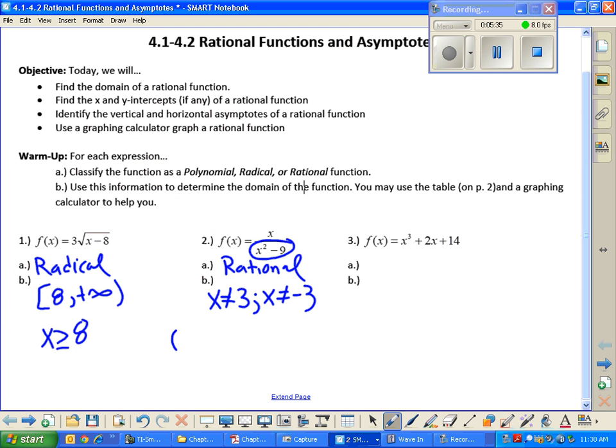So it starts at negative infinity and heads towards -3. And we get really close to -3, but we don't touch it because we're not allowed to. Then the graph picks up again in the middle. So what's the domain for the middle piece? You know, Chris. Yeah, -3 to +3. Very good.